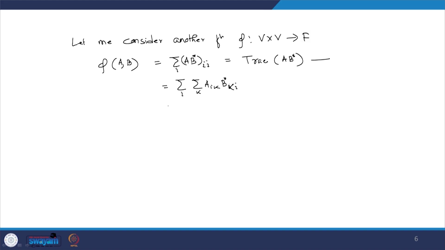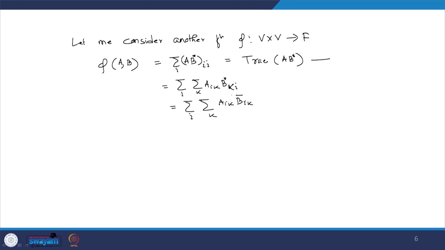So, this is equal to sigma over i as well as k, of A_ik and B star, which means conjugate transpose. So, this means that this is equal to B_ik bar.